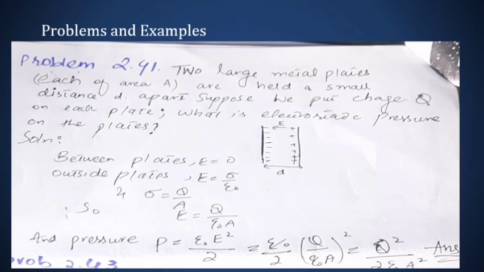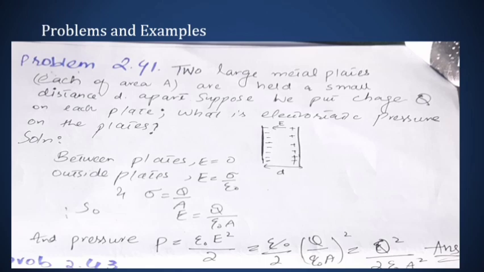So consider two large metal plates, each having charge Q. The electric field direction is always from positive to negative, and these two large metal plates are separated by distance d.